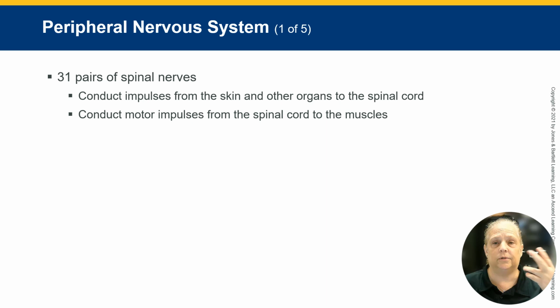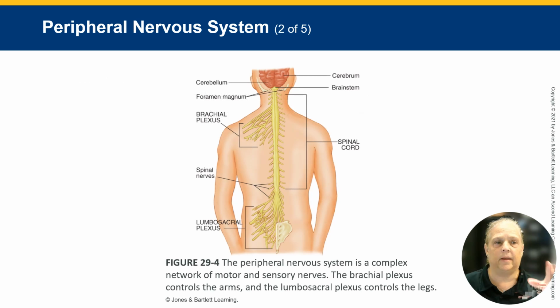They're going to conduct the impulses from the skin and organs to the spinal cord, and the motor impulses go from the spinal cord to the muscles. The brachial plexus and lumbosacral plexuses are great big bundles of nerves. We have the foramen magnum, where the spinal cord comes out from the brainstem. That is a large opening in the base of the skull.